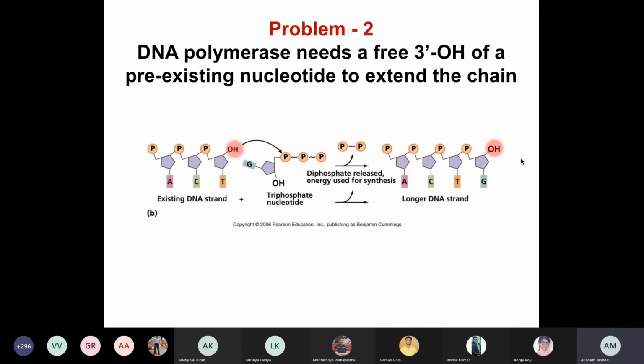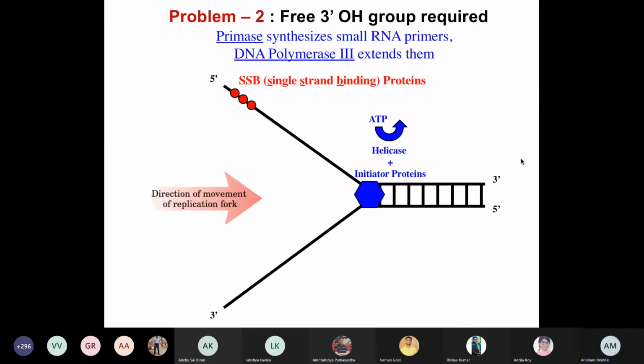So who will provide this 3' OH in order to perform the first incorporation of the DNA replication process? Okay. In order to solve that, nature has devised another enzyme which is called primase. Now, primase is nothing but an RNA polymerase.